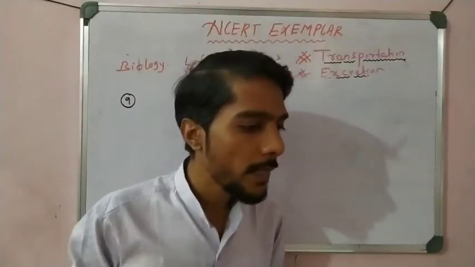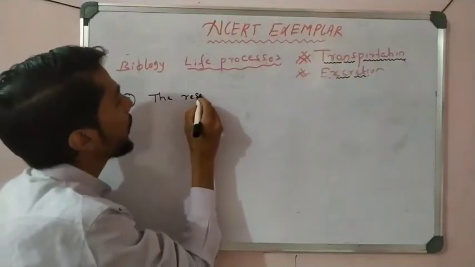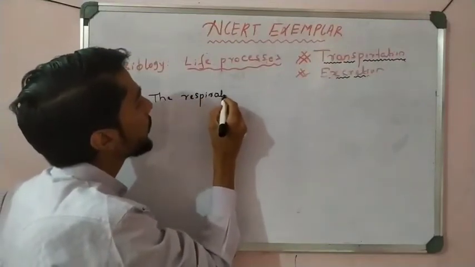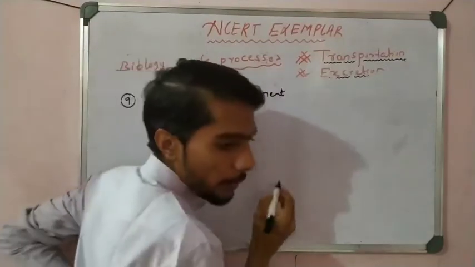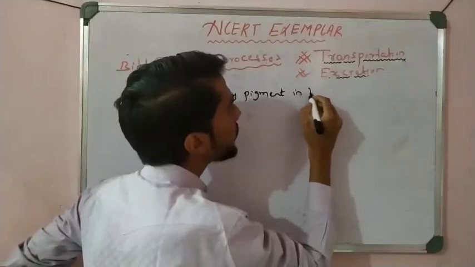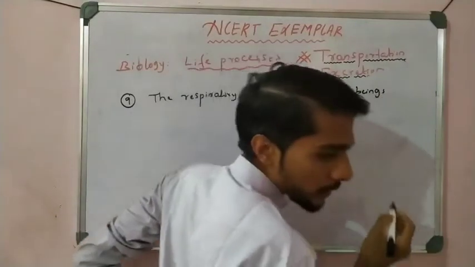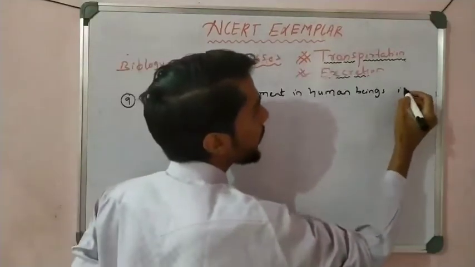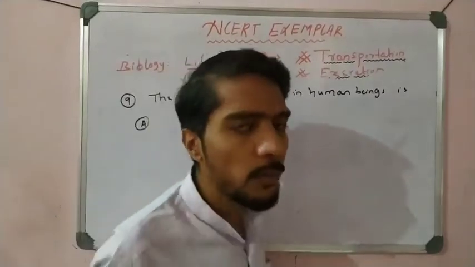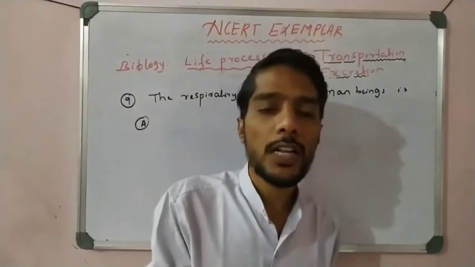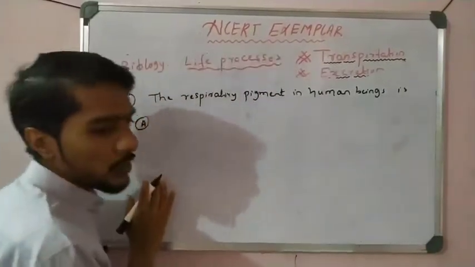The respiratory pigment in human beings is actually with respect to respiration, but very helpful for the transportation of blood and oxygen also.